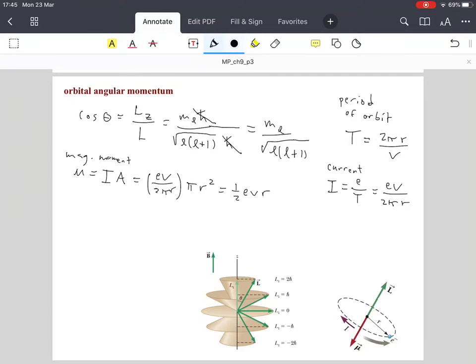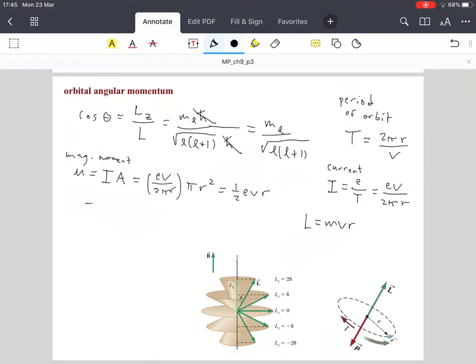Okay, so if we now want to write that in terms of capital L, which is the angular momentum, you remember in this simple circular case that for one particle, L is equal to m v r, the mass of the particle times its velocity times the radial distance.